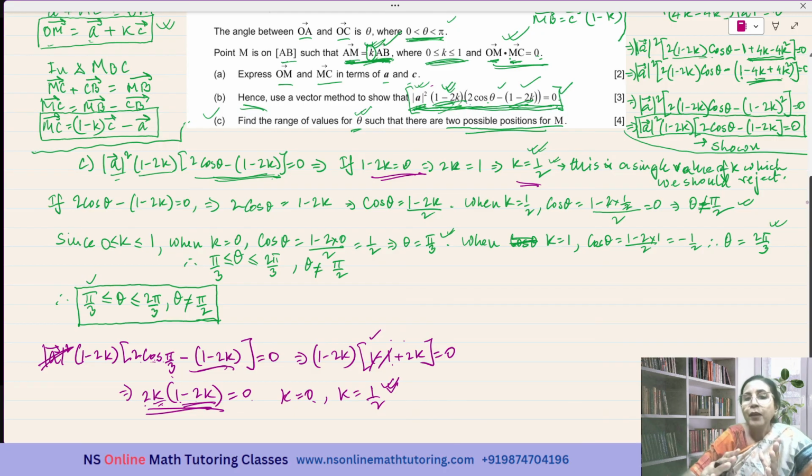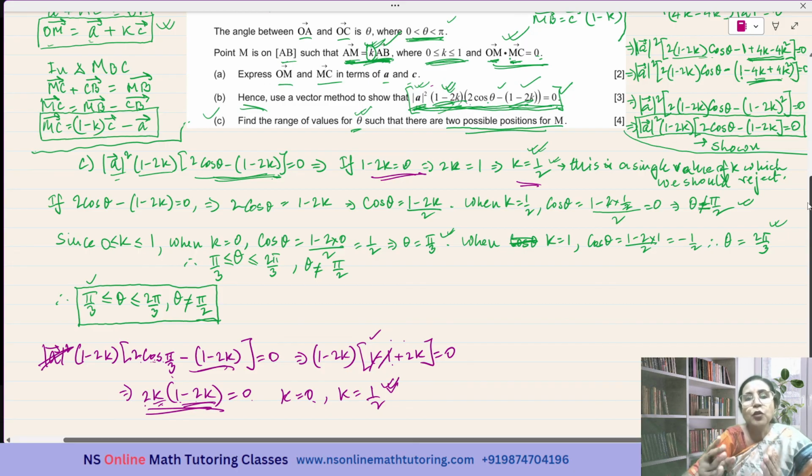But for a single value of theta, in this case pi over 3, we are having more than one value of k, in fact only two values of k, which is needed because there should be two possible positions of m. So you may take 2 pi by 3 as well, or any other value.